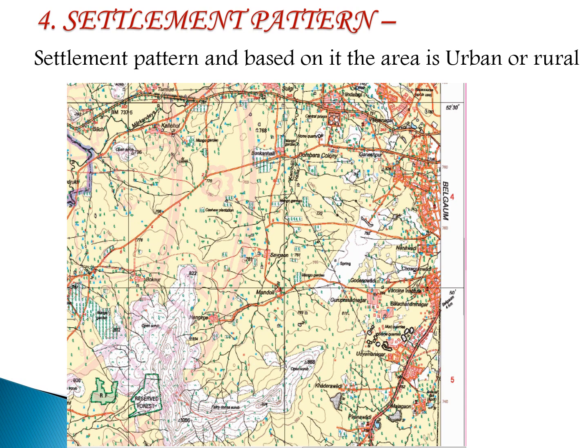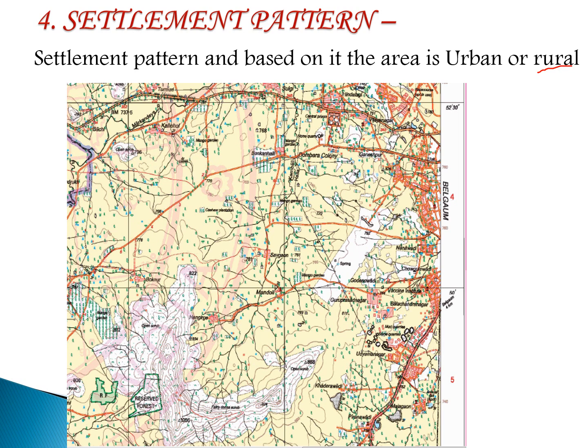And if there are villages, then you can write a scattered pattern, and then you can write the area is rural. Settlement pattern is nucleated also, and here on the same map you will find it scattered all over the area. So this represents the area is both urban and rural, you can write like this.